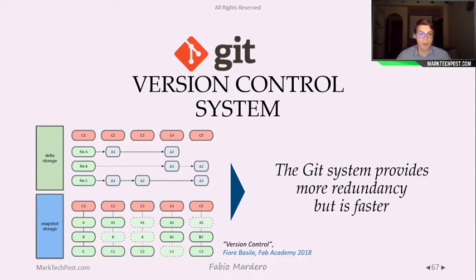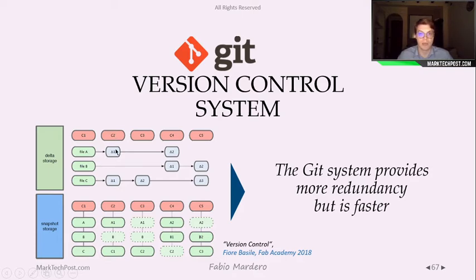For example, here we have the two version control systems in comparison. In the delta storage, we work by differences. For example, file A has been modified one time.